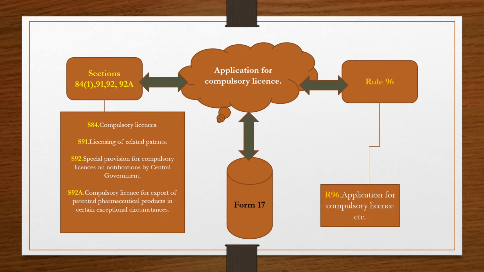Section 92, special provision for compulsory licenses on notification by central government. Section 92A, compulsory license for export of patented pharmaceutical products in certain exceptional circumstances. Fine. And rule number 96 says application for compulsory license, etc. The keyword here is compulsory license. Fine. Next we'll proceed.